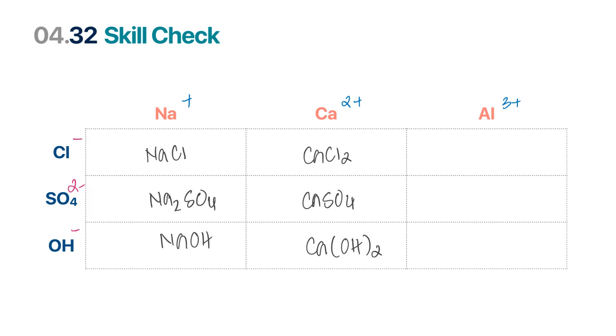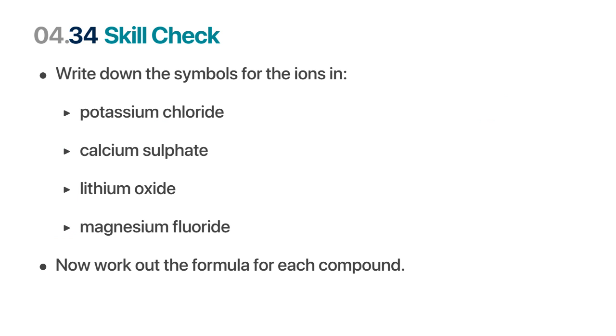Twice. This is AlCl3. This is Al2(SO4)3, with the bracket and a 3. And the last one is Al(OH)3.